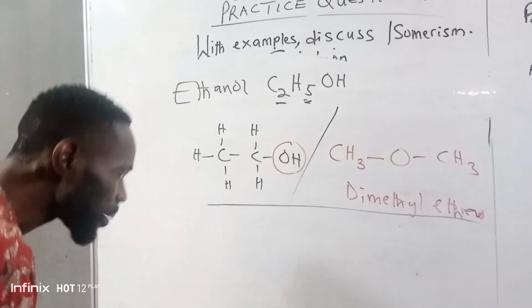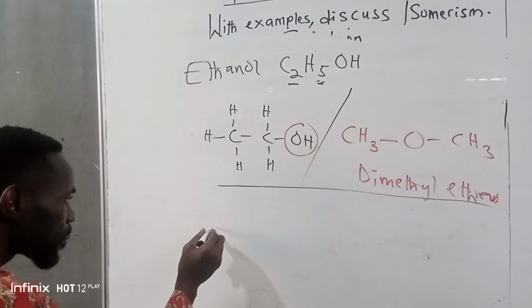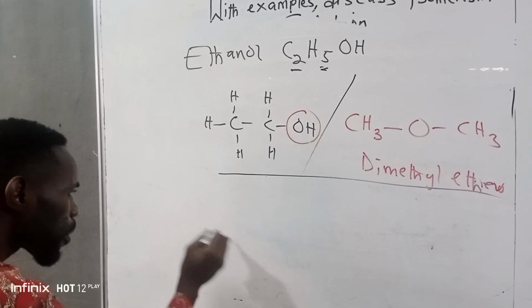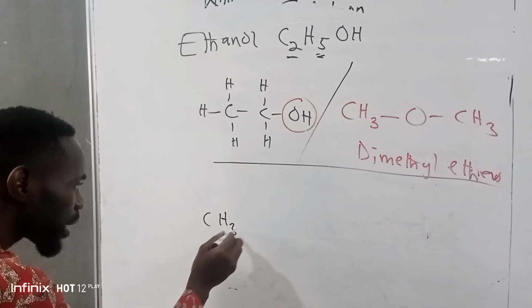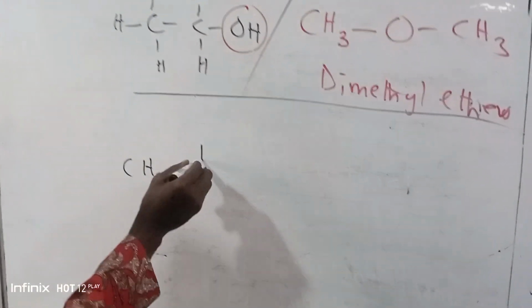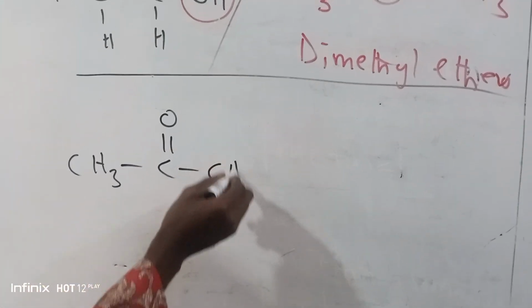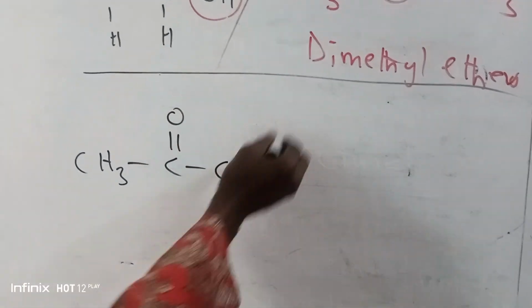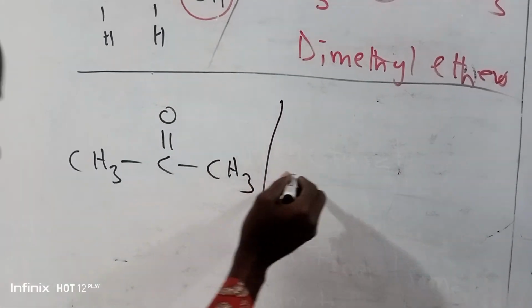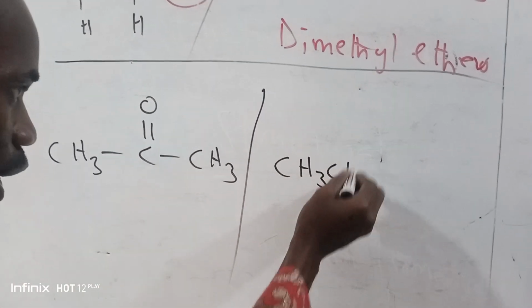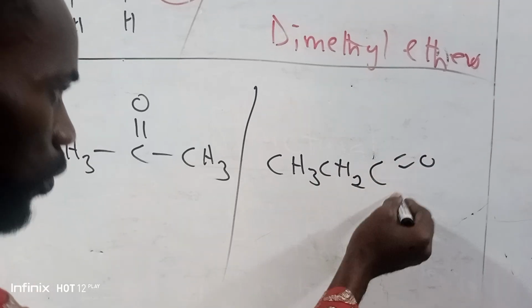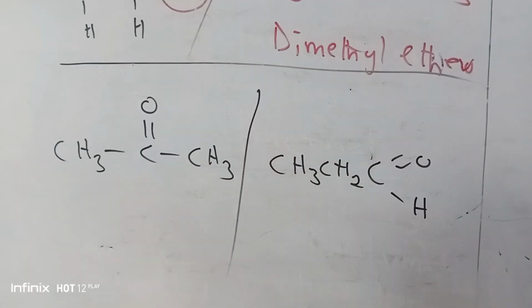Let's take a look at the propanone. Propanone is written as CH3, C double bond O, CH3. And we have propanal, written as CH3, CH2, C double bond O, H. Now, what do we have here? Take a look at it.